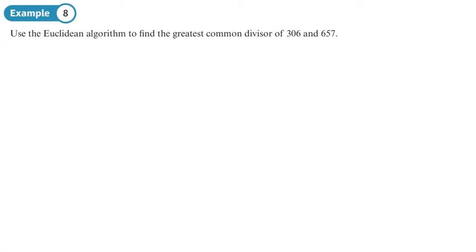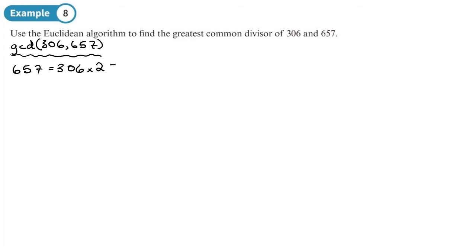Right, use the Euclidean algorithm to find the greatest common divisor of 306 and 657. So we want to find this: 306, 657. Now remember, we start with the larger number first, so we write 657 equal to 306 times by something plus a remainder. 306 times 2 is 612, so that goes into it twice.